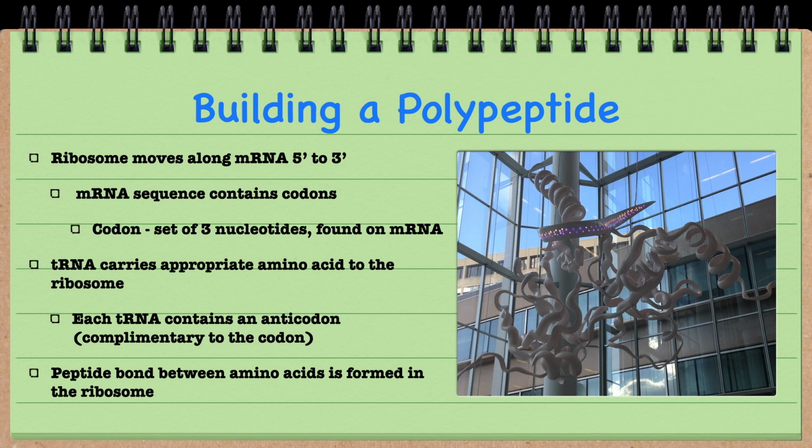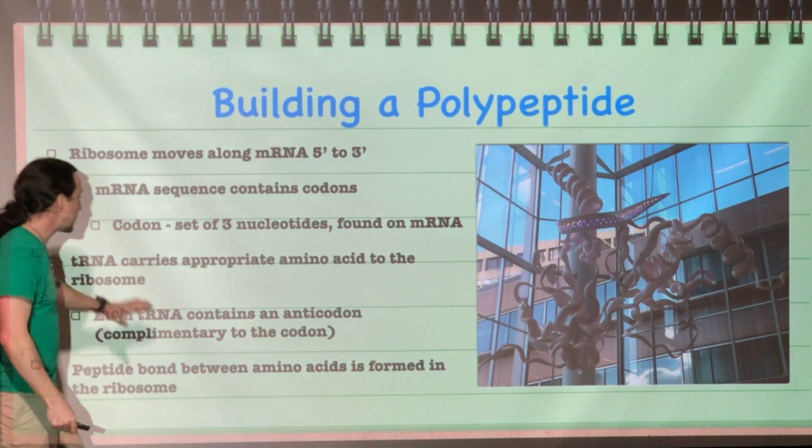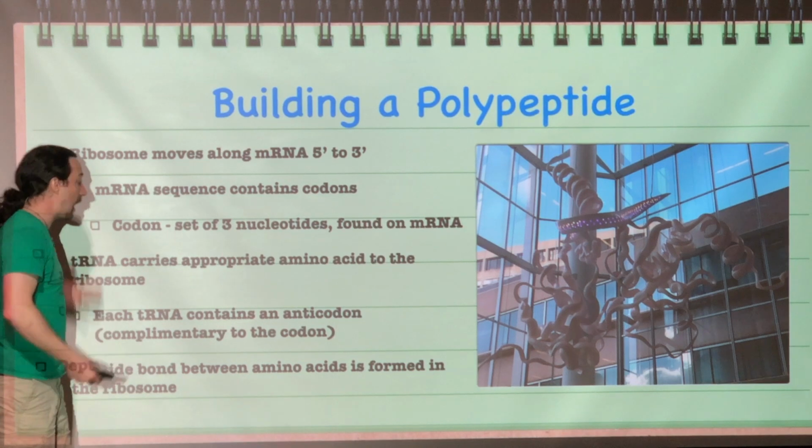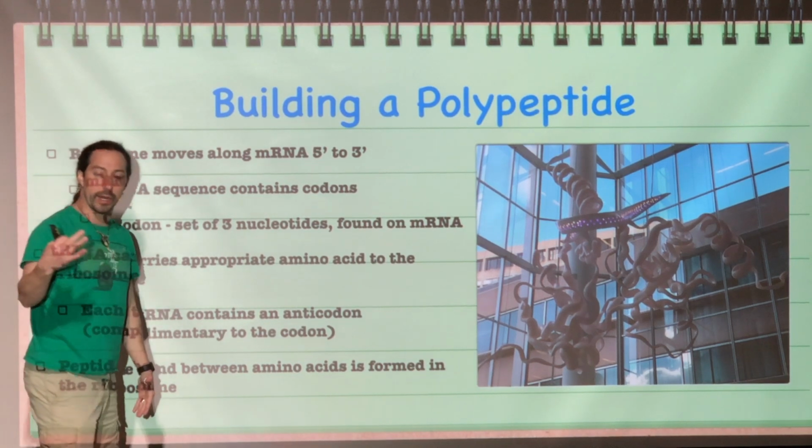And how does the appropriate tRNA show up with the appropriate amino acid? Well, the tRNA has an anticodon. And the anticodon is the complement to the codon.